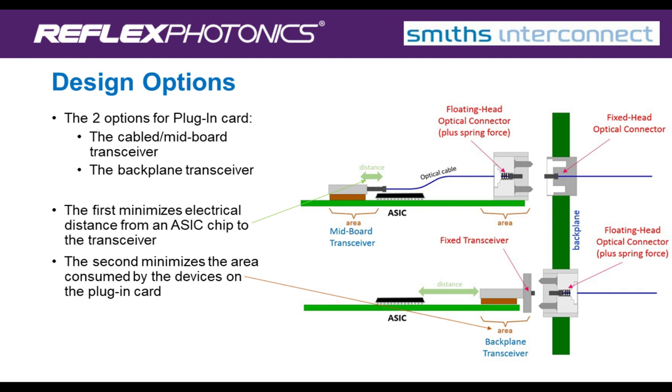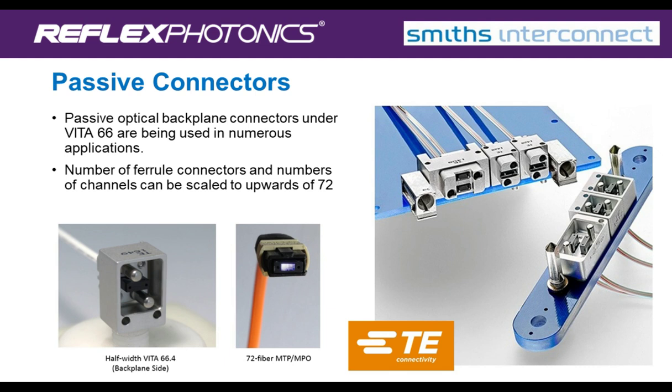So they're very small and need quite a good alignment to get the signal through. So in the top case, it requires a floating head on the line card or on the plug-in card, and a fixed head in the backplane. Whereas if you change it around, you have the fixed head on the plug-in card, and a floating head in the backplane.